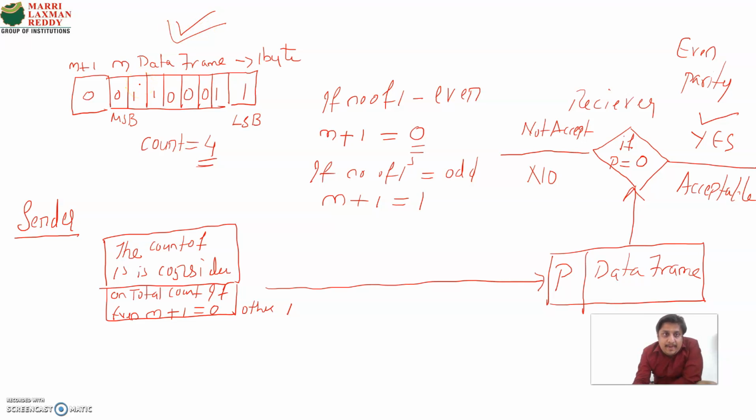Let's take an example of how the error will be detected at the receiver end. At the sender, the data frame is something like this: 1001, and all the other values I will keep as 0.